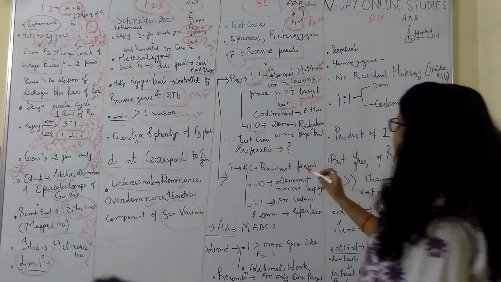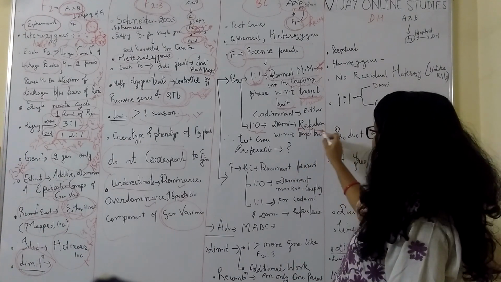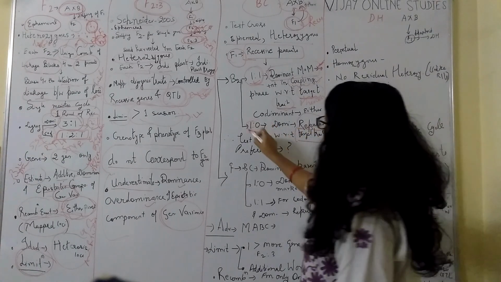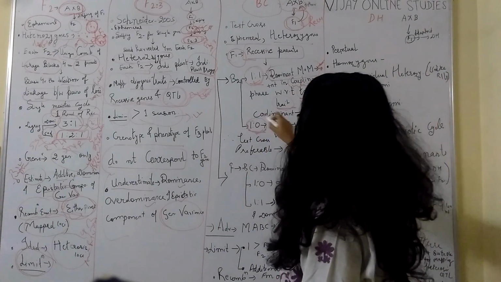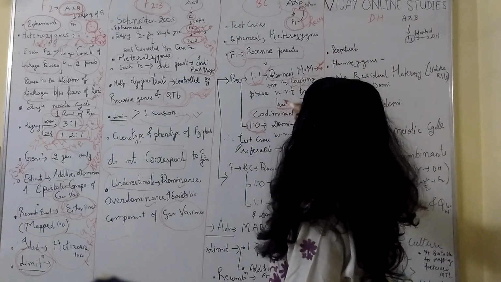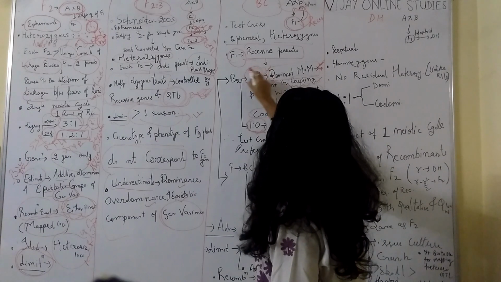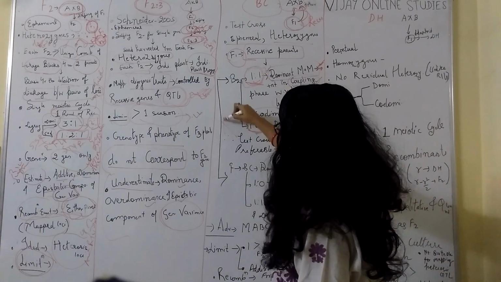There are two components of linkage, coupling phase and repulsion phase. And if it is in repulsion phase with respect to the target trait, then it is 1:0. And for a codominant marker, whether it is in repulsion phase or coupling phase, segregation will always be 1:1 for the test cross.